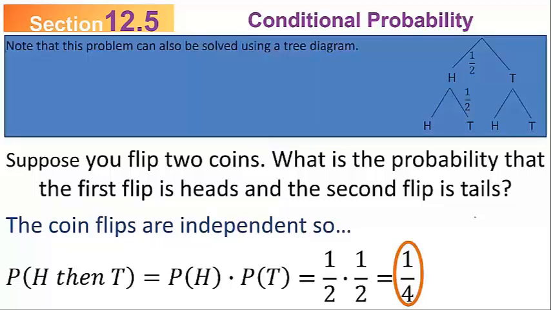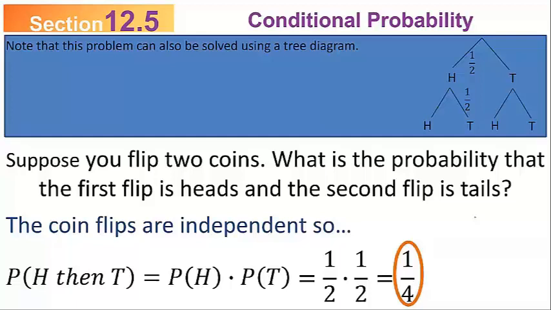Just want to say that you could have worked this problem with a tree diagram. If you look at your first toss as being the first stage of a two-stage experiment, the probability of getting a head is 1/2. And then once you've done a head, the probability of getting another head is 1/2, but the probability of getting a tail is also 1/2. So if you look at the branch that goes from heads to tails, you see it's 1/2 probability you get a head, and there's 1/2 probability you get a tail.